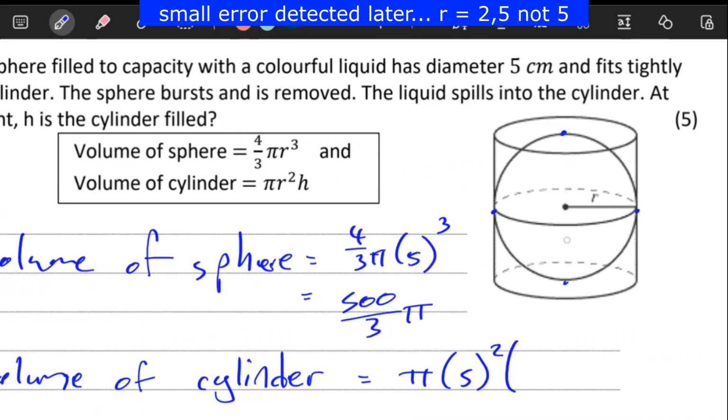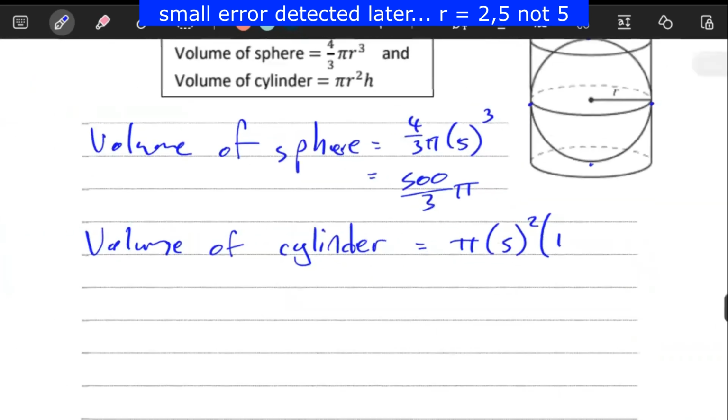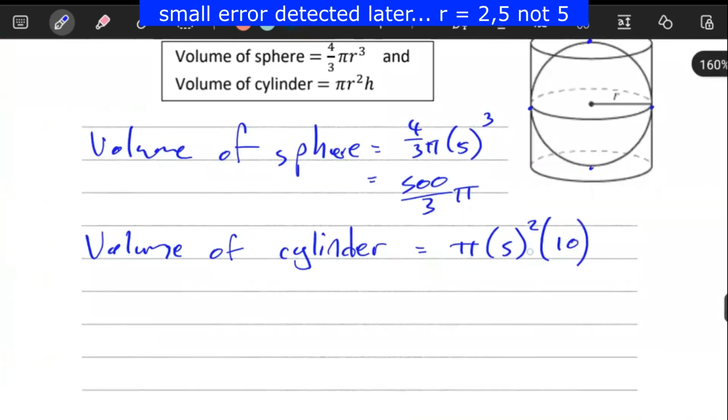Remember, the sphere touches the bottom of the cylinder all the way to the top. So that's 10. That's the height. And then the volume of the cylinder is pi r squared times the height. That's 250 pi.